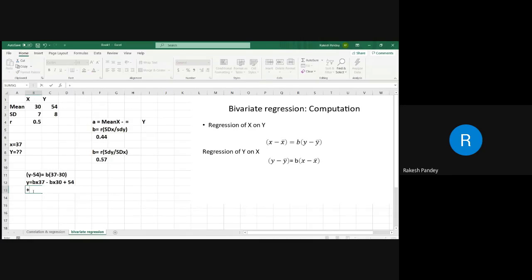So putting this in the formula, y is equal to b is 0.57, 0.57 into 37 minus, let us put in bracket, 0.57 into 30, close the bracket, put one more bracket, plus 54, and then close the bracket.